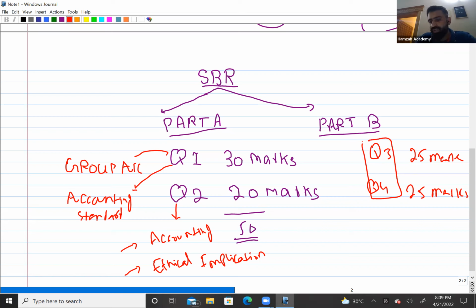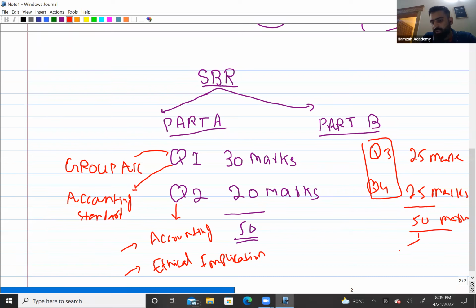So for example, it might be from accounting standard for SMEs. We have a topic with the name of alternative performance measurement, but mainly question number 3 and question number 4 will be from the accounting standards and descriptive question. There will be case studies on which we have to discuss, and total marks are 50.